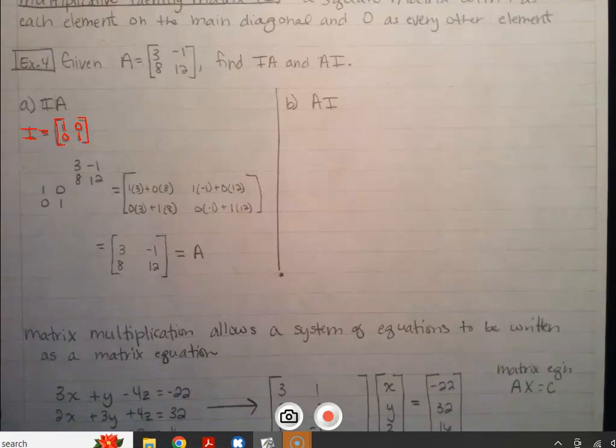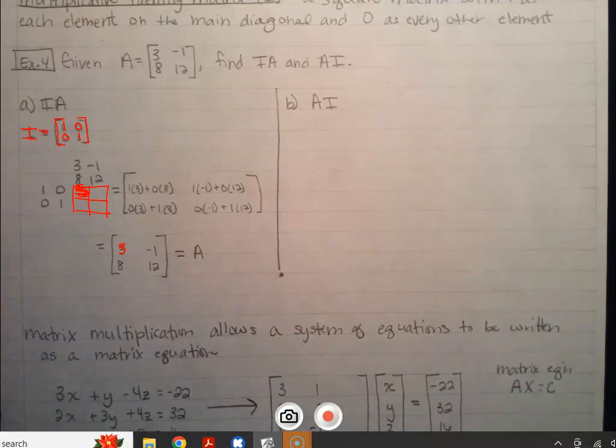Then I am doing I times A, so my I is the first one. Last week I blocked it off so we could think about filling in this spot. You don't have to do that. It was just to help make it easier for you. This first one is 1 times 3 plus 0 times 8. 1 times 3 is 3, and 0 times 8 is 0, so this is just 3.